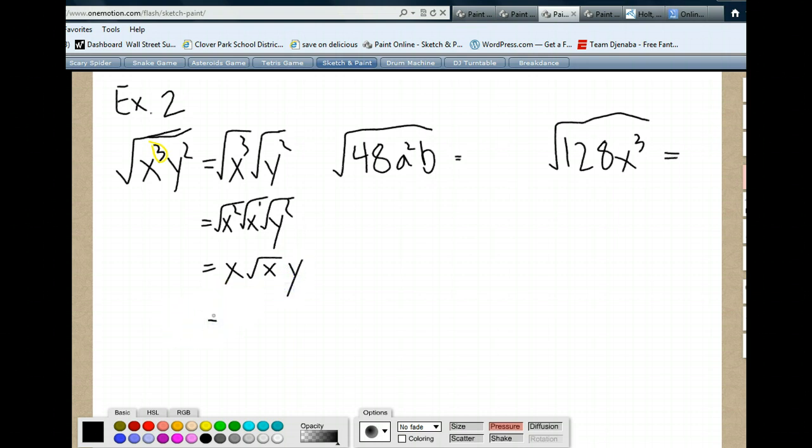And then that's my final answer, but cleaning it up: x, y, square root x. There you go.